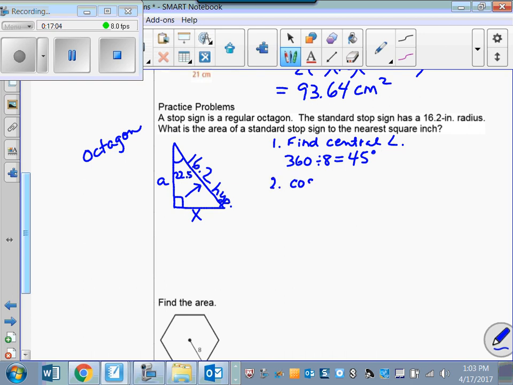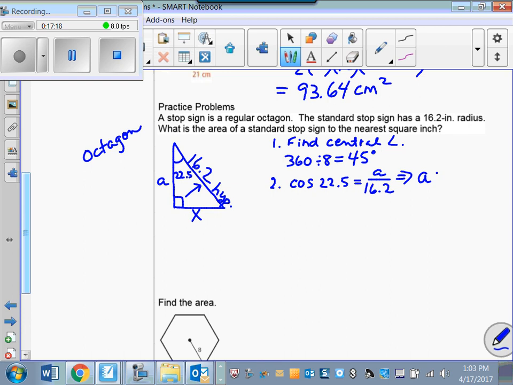So the cosine of 22.5 equals the side adjacent, which is the apothem, divided by the hypotenuse, which is 16.2. So therefore, we know that our apothem is 16.2 times the cosine of 22.5.